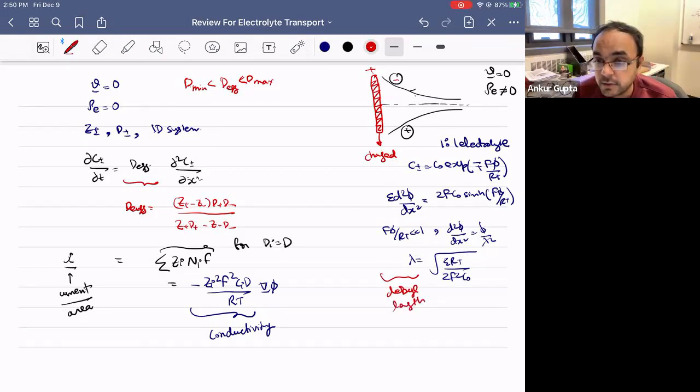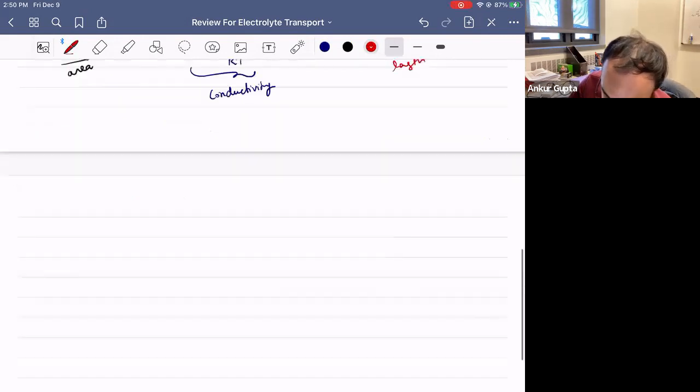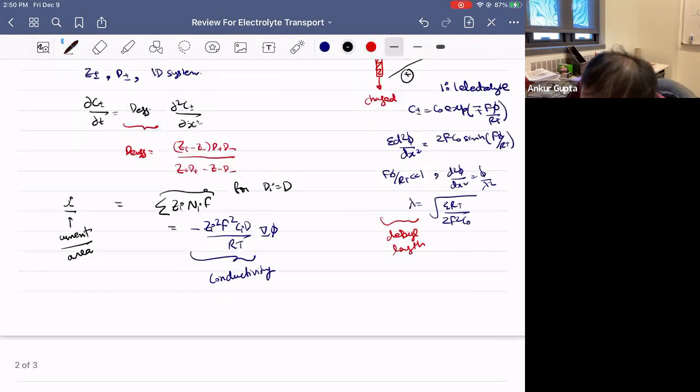For the large potential limit, you did the homework problem. And then importantly, I described here that the result becomes phi is equal to phi d exponential minus x by lambda.